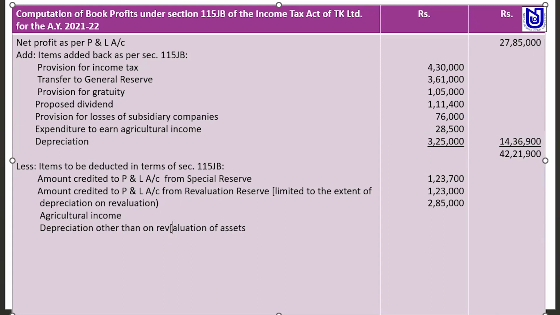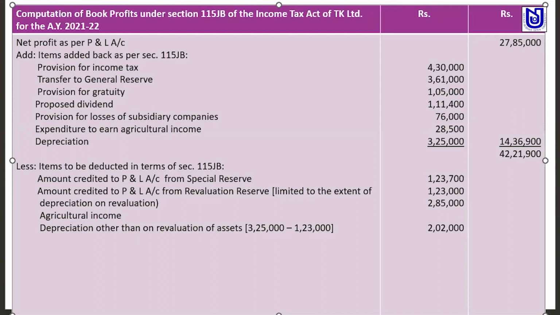Total depreciation was 3,25,000 minus depreciation on revaluation of asset, 1,23,000. So this item is to be considered here. That is 2,02,000, that is depreciation on other assets.